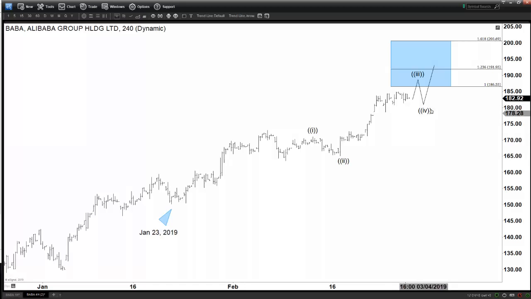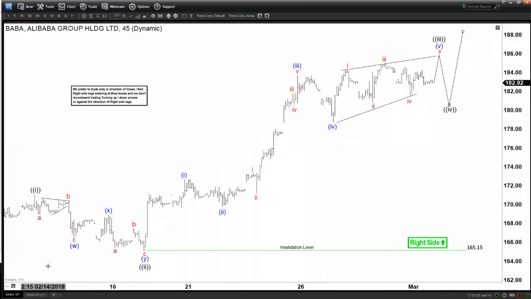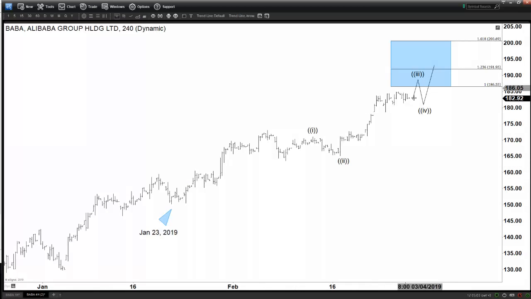For that you can check our member area, but the whole idea is to identify the short-term movement. I labeled this 1, 2, 3, 4, which is the same as the 1, 2, 3, 4 in the 45-minute chart.